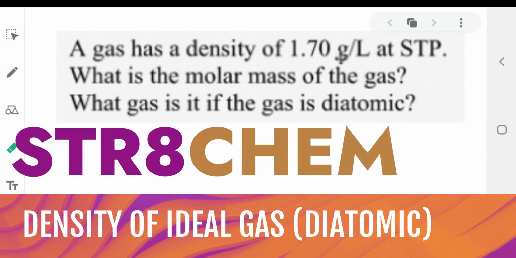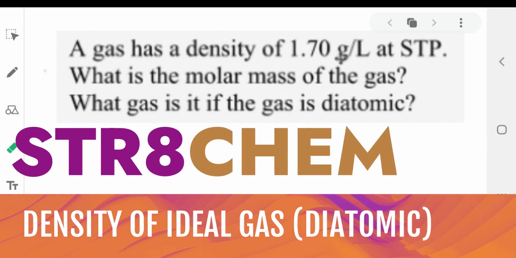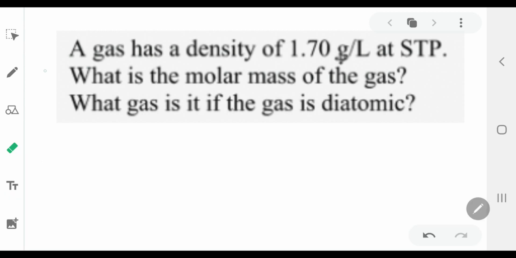Hello everyone. So in this question of the density of ideal gas, it's going to be slightly different because instead of finding the density of ideal gas, the density is given to you. But what you need to do is find out the molar mass of the gas. That is number one, the first thing you need to be able to do, to find out the molar mass of the ideal gas.